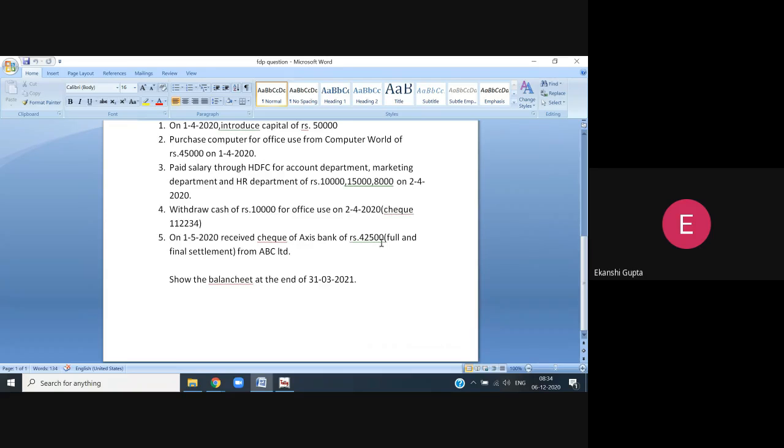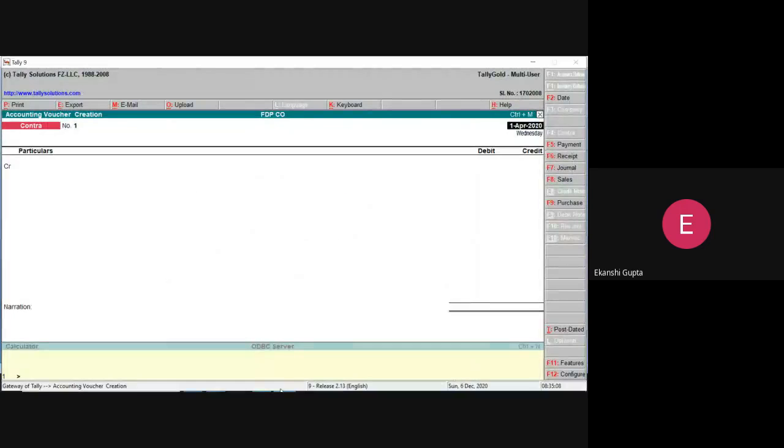Therefore, the entry would be Axis Bank account debited 42,500, discount allowed debited 2,500, to ABC Limited 45,000. So you are receiving a cheque from ABC Limited.